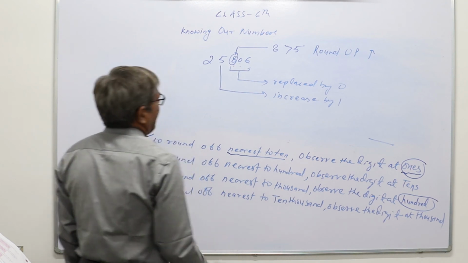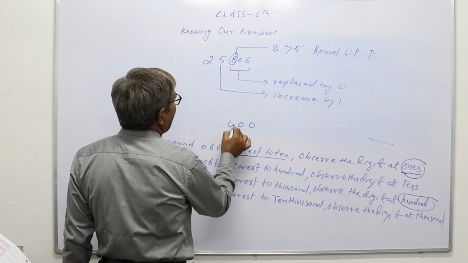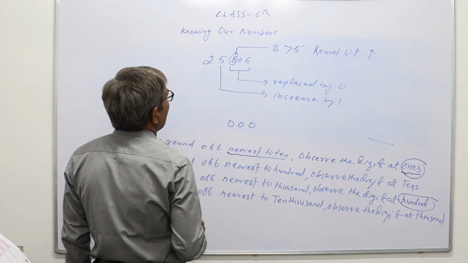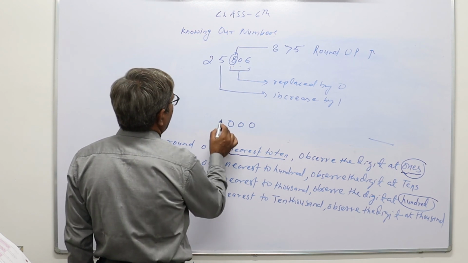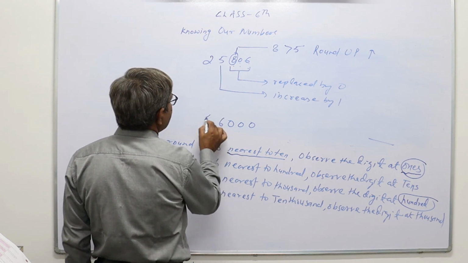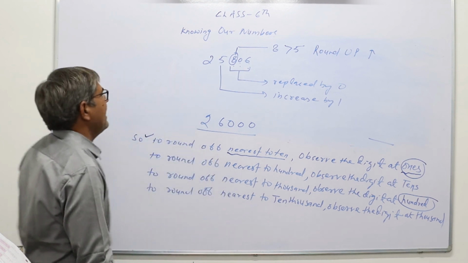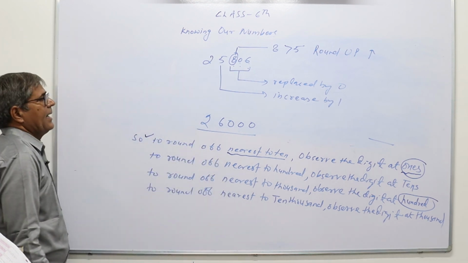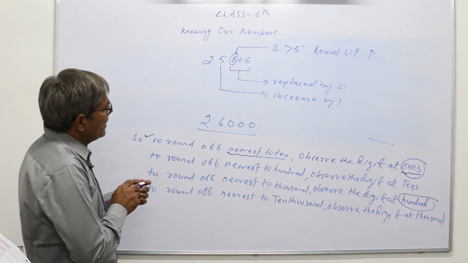So ones will be 0, tens will be 0, hundreds will be 0, and the thousands place digit is 5, and we have to increase it by 1. So 5 plus 1 will be 6, and 2 as it is. So 25,806 nearest to 1000 will be 26,000.